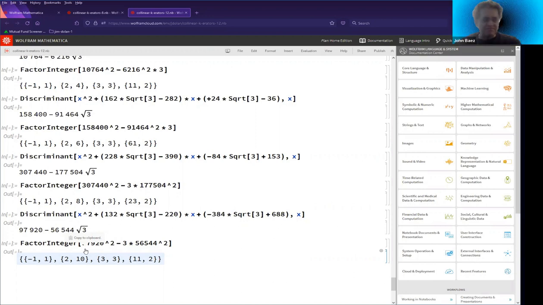But what I did try was I took their sort of norms. What do I mean by their norms? You can see we've got 307,440 minus this number times radical 3.